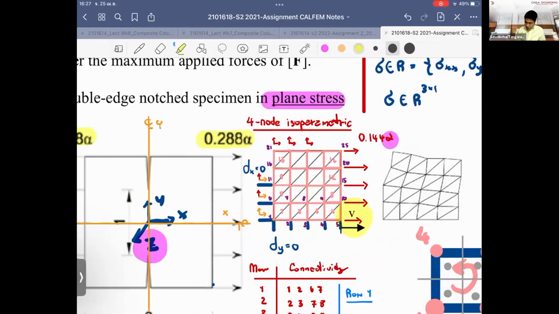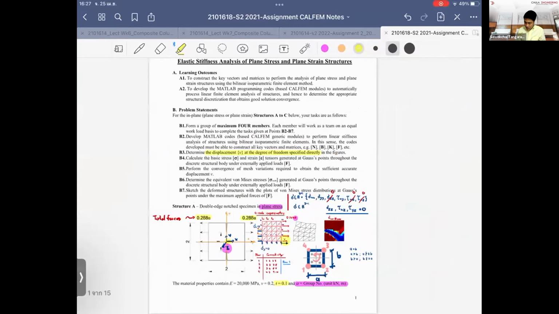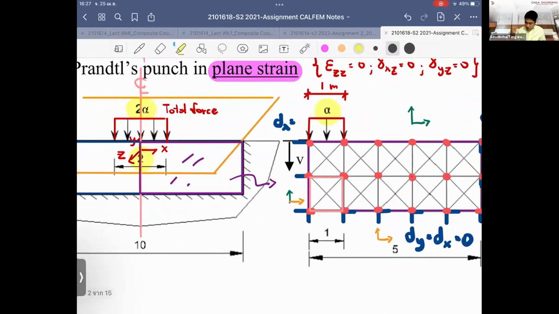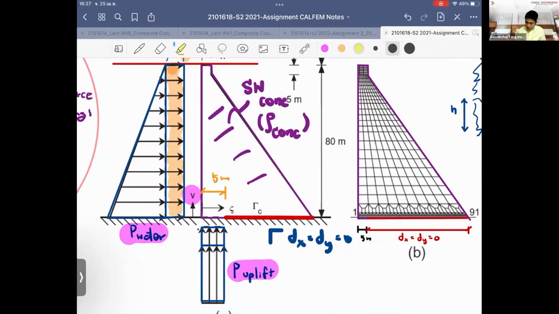In this figure, this is the displacement at the center. In this figure, it is the displacement at the center line. And in this figure, it is the displacement at the bottom where it's uplift.